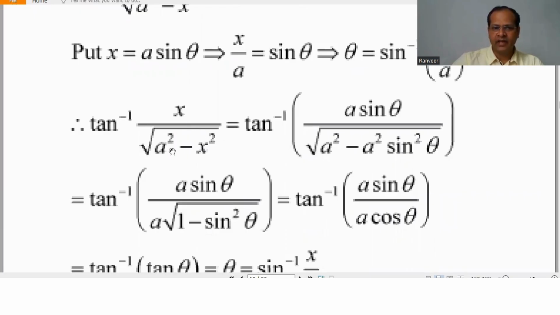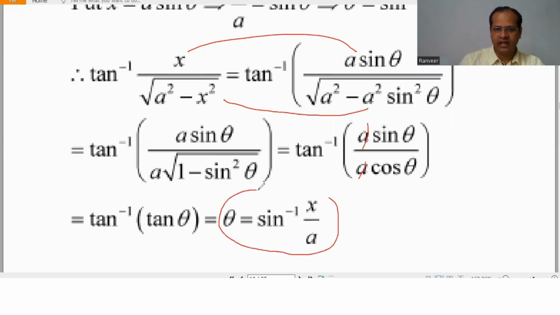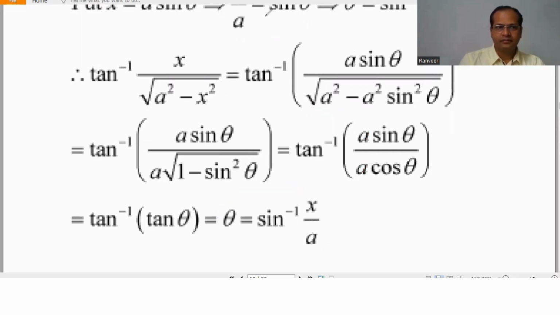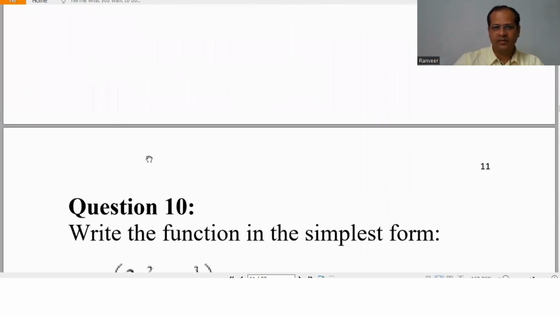Substituting x equal to a sin theta, a square minus x square becomes a square cos square theta. So a is common, 1 minus sin square theta, a will cut, tan inverse tan theta, theta equals sin inverse x by a. So this is the simplest form.